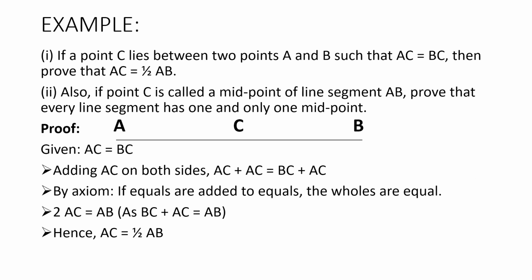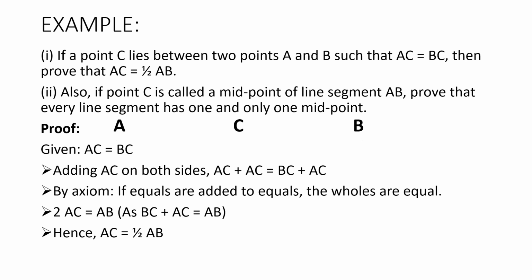Next example. If a point C lies between 2 points A and B such that AC is equal to BC, then prove that AC is equal to half AB. Second part, also prove that if point C is called the midpoint of line segment AB, then every line segment has one and only one midpoint.